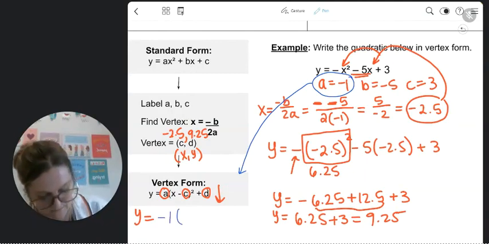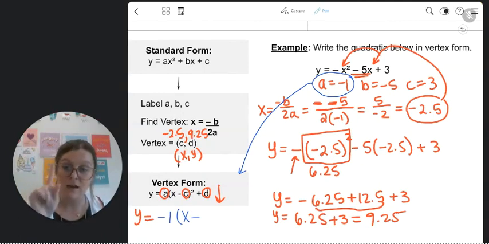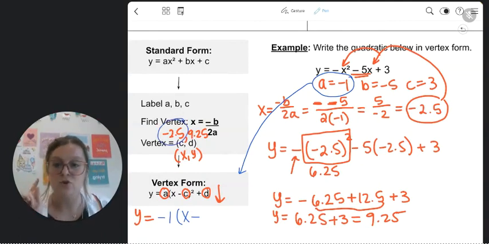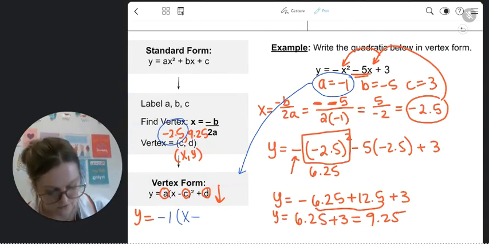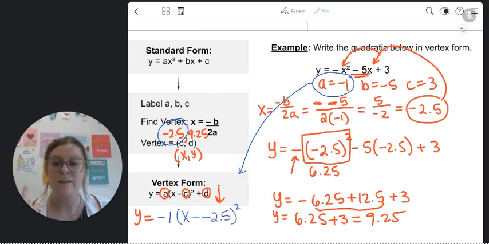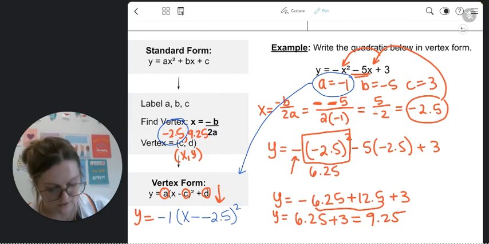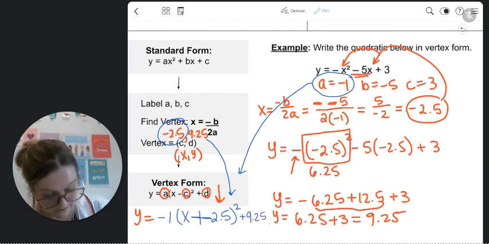Then I have x minus, I am plugging in a negative 2.5. So negative 2.5, parentheses, don't forget the little squared. And then 2 negatives here make a positive, so I'm going to clean that up already. And then lastly, my d value comes down, so I'm just going to say plus 9.25, and that's it, y'all.